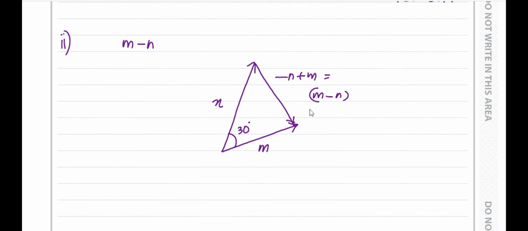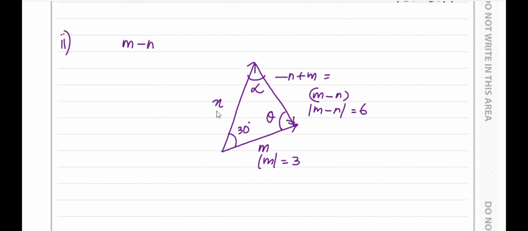The question also told us that modulus of m minus n is equal to 6 and modulus of m equal to 3, and we need to find out the angle between m and m minus n. Let's call this angle theta. Let's call this angle alpha now.